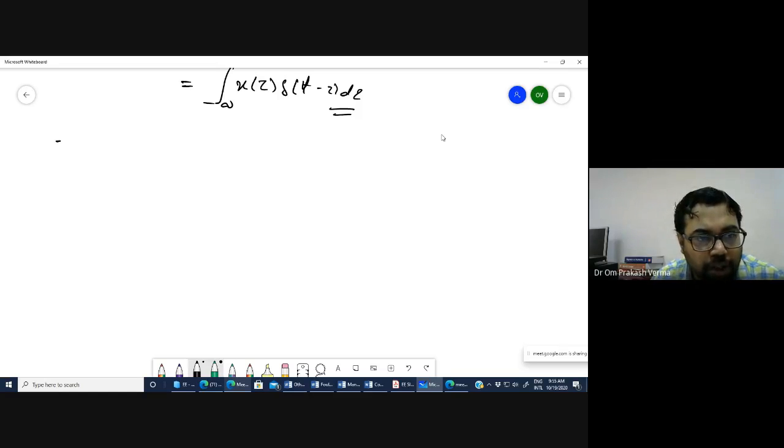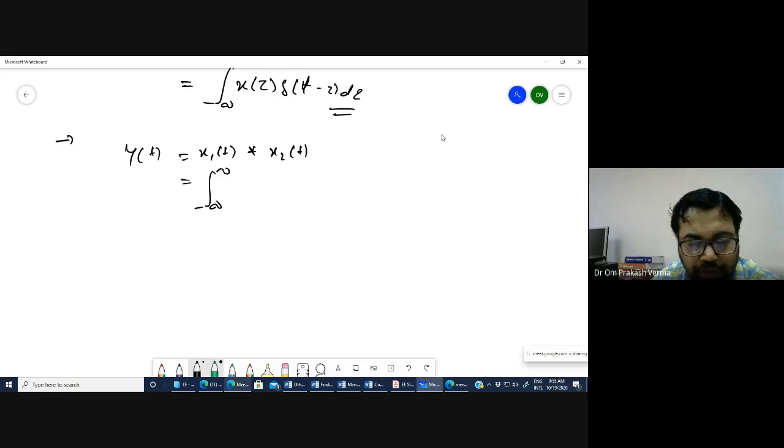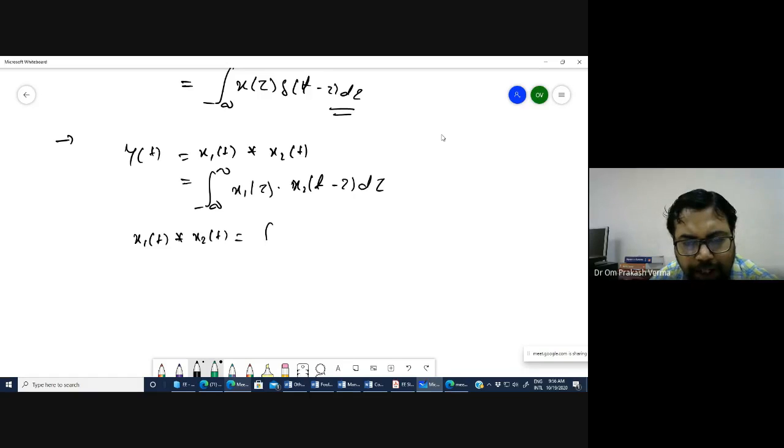When you're talking about the convolution y(t) as x1(t) convolution with x2(t), it is defined as the integral from minus infinity to infinity of x1(tau) multiplied with x2(t minus tau) d tau. So we have seen x1(t) convolution with x2(t) is nothing but the integral from minus infinity to infinity of x1(tau) into x2(t minus tau) d tau.